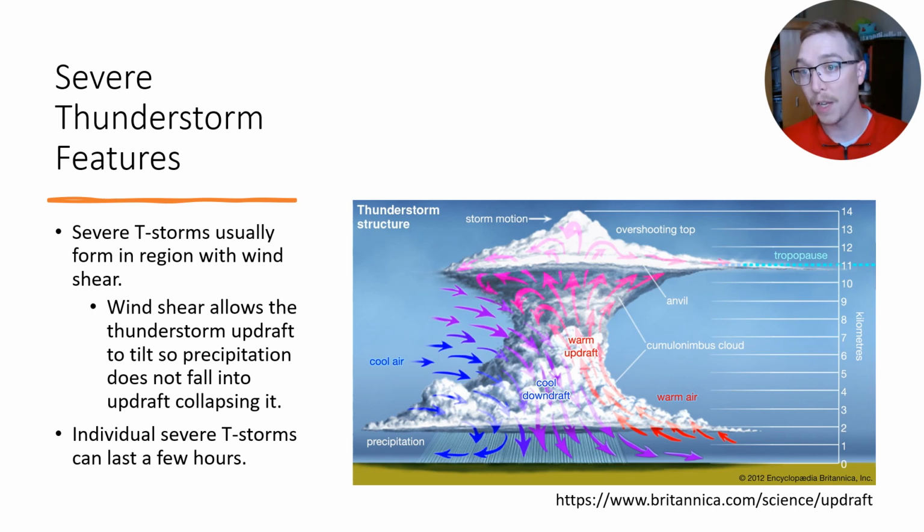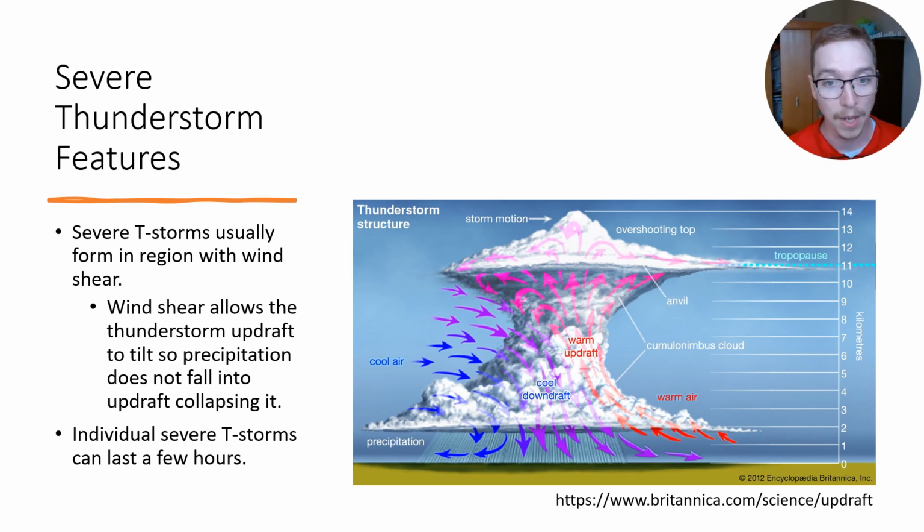We were talking about that dissipation stage or the decay stage of the storm, and that's kind of initiated by that downdraft collapsing onto the updraft and cutting off the storm. But in severe thunderstorms, that wind shear tilts the system, and as it does so, you reduce that collapse feature. So individual severe thunderstorms can last a few hours rather than 30 to 60 minutes. So there are a few different characteristics there.